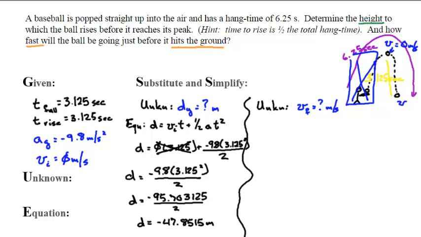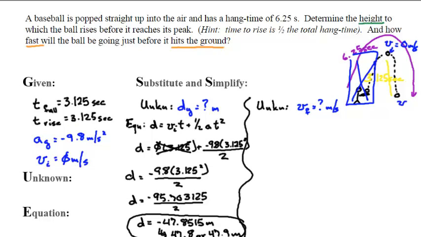Now this negative means that the ball is going down, but all it asks for is height. So I can respond negative or I can respond positive. If I apply the correct number of significant figures, which is 3, I get 47.8 or 47.9 meters, depending on your rounding rules.